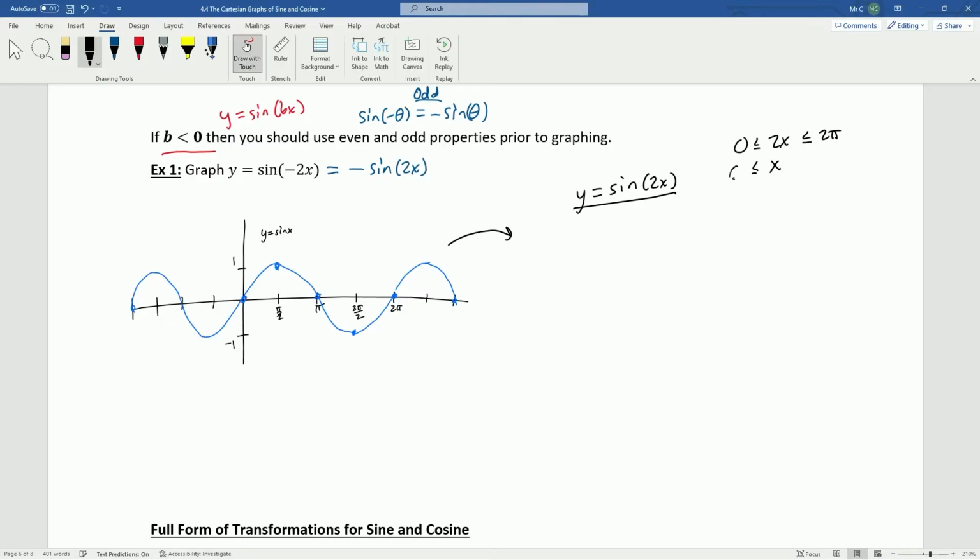So that means x goes between 0 and pi. So my period is pi. And of course, you can think of the period as being a horizontal compression in this case, because we're taking the bigger period of 2 pi and shrinking it down to a period of pi.